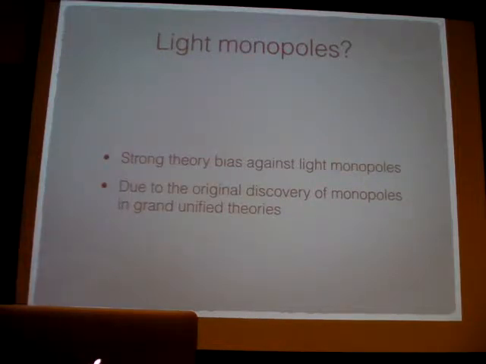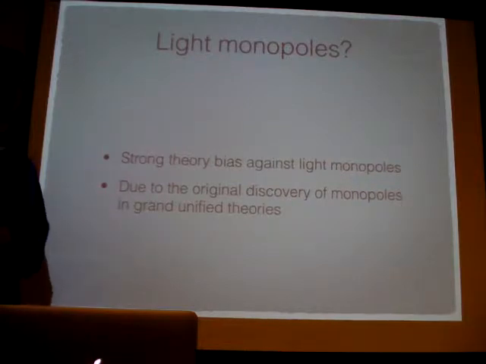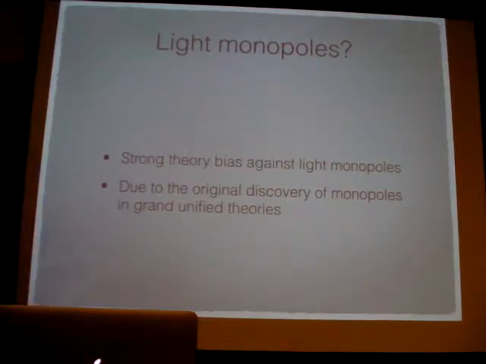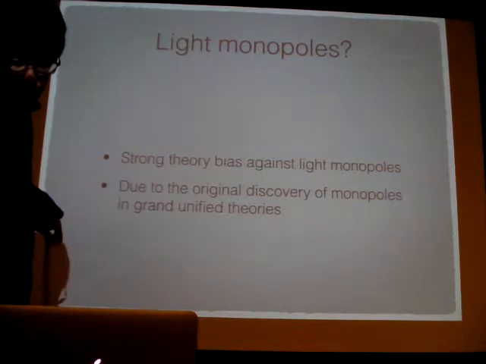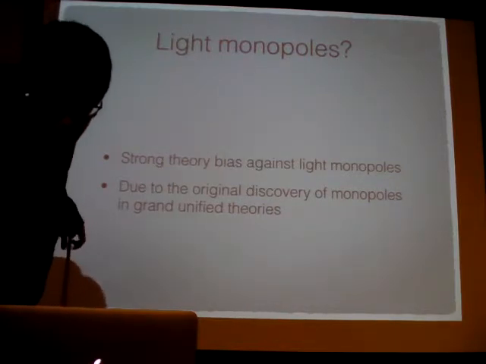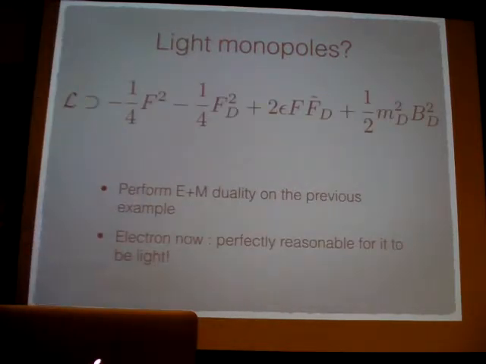But I thought it would be even more amusing to phrase the entire theory without monopoles. So I'm going to now talk about the entire thing with just electrons and show how you can do the exact same thing with electrons. What you can do is really utilize the fact that there's electromagnetic duality.